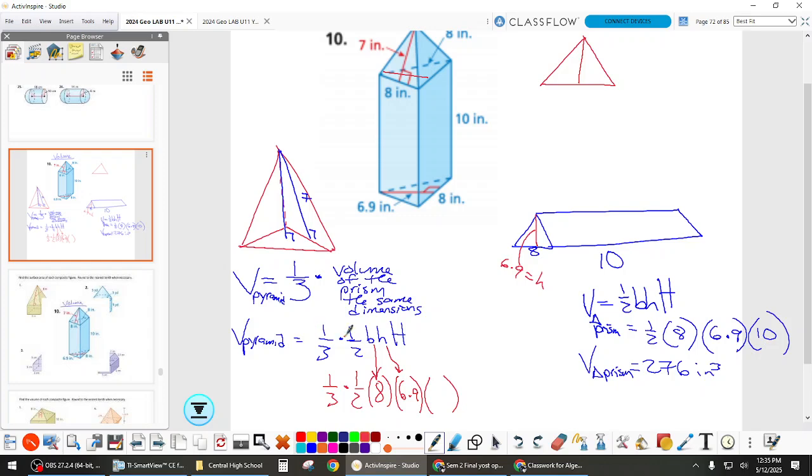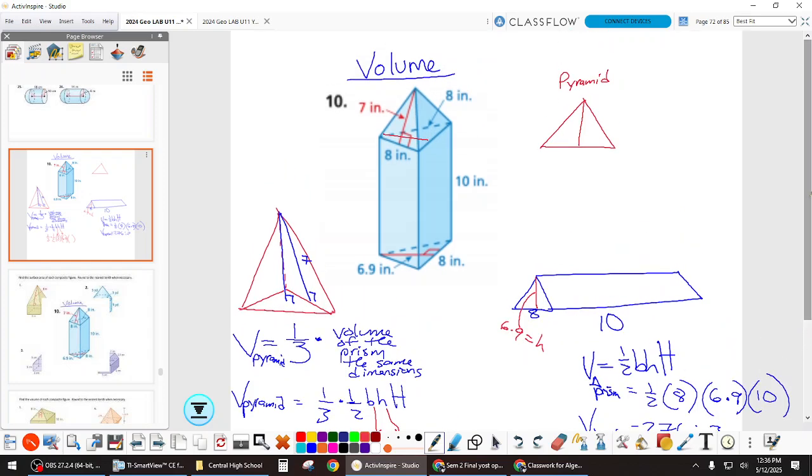And then in this case, our prism is a half base height. And we don't know the height of the pyramid, so that's what we're about to do just now. So if you can think of this kind of being a pyramid, we need this big H height of the whole thing. So what are the dimensions that we can put into trying to solve this?